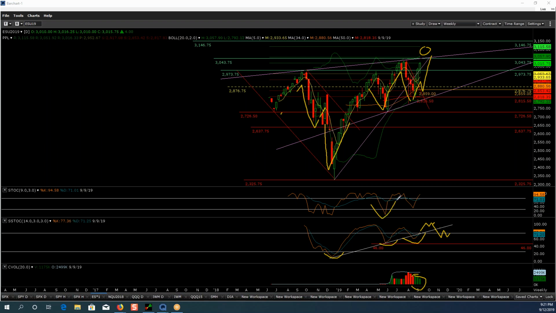Basic stochastics, the fast stochastics, still moving higher. Once we get here, it's going to start to move lower. That means once we get here, somewhere in the 3050, 3060, 3100 level, I would say 3050, 3060, the market's going to pull back. Create another head and shoulder, in my opinion. End of story. Let's get to GME.